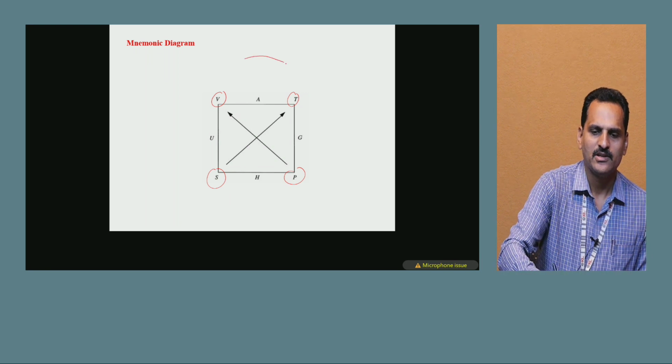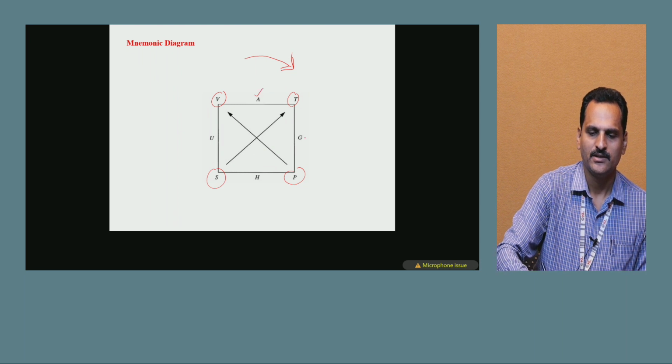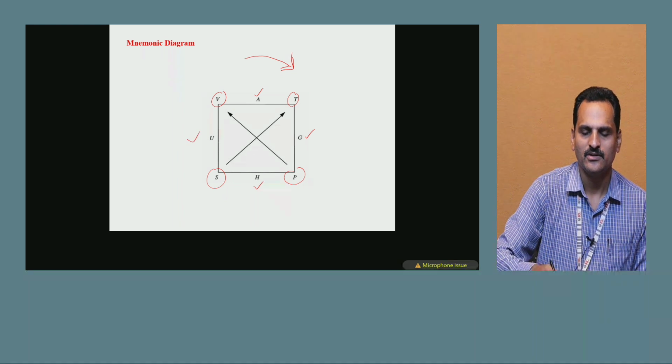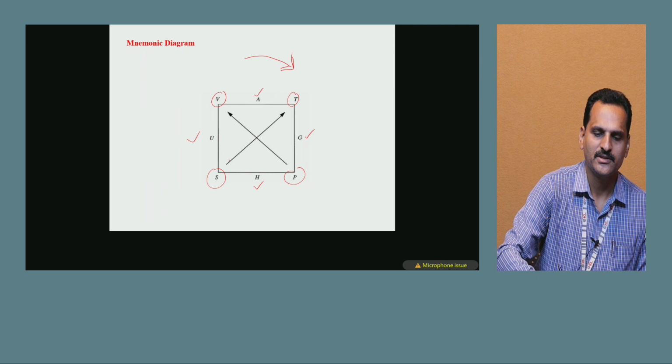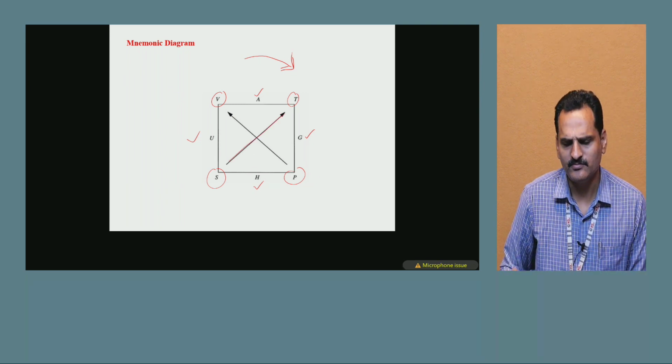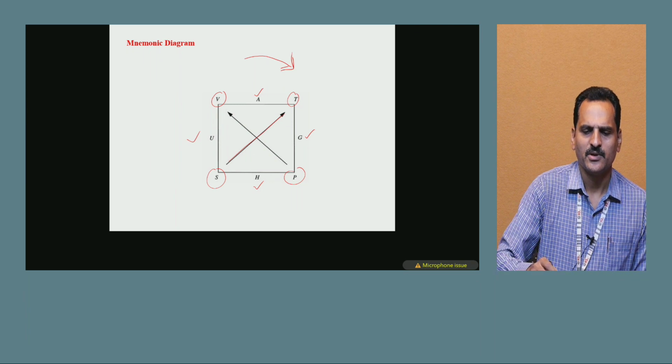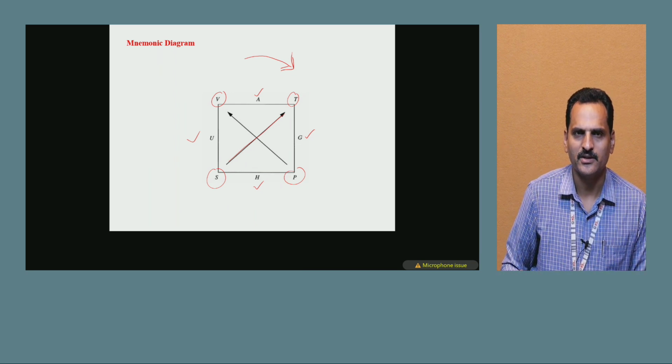In the clockwise direction, all the energy properties in alphabetical order, A, G, H, U, are placed on the sides of the square, and these two arrows represent that the energy properties can be explained in terms of these primary variables such as temperature, pressure, entropy and volume.